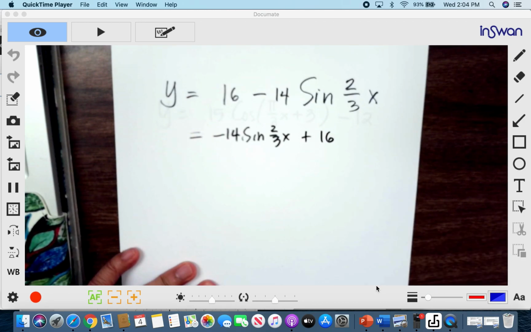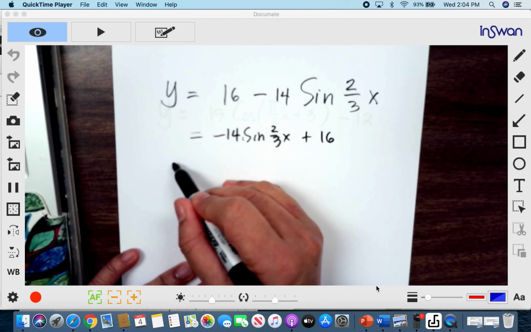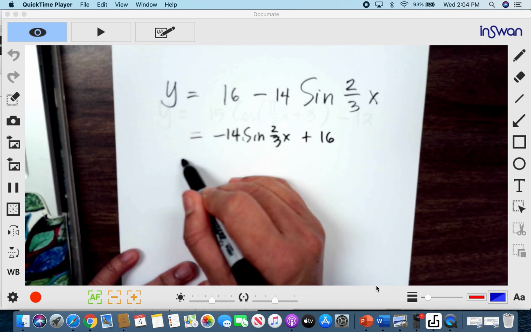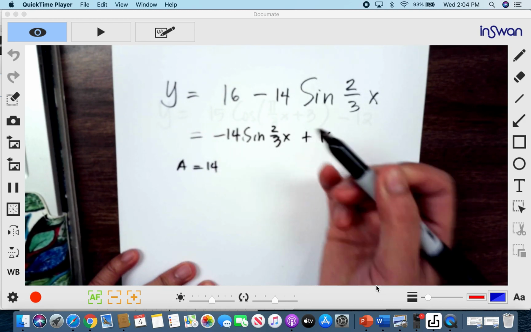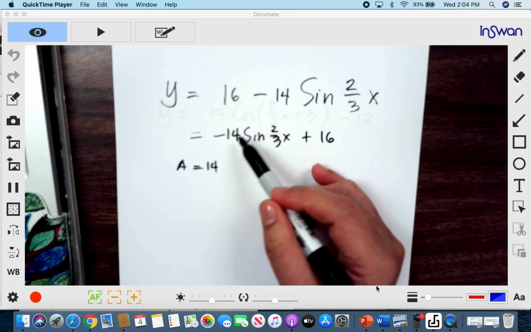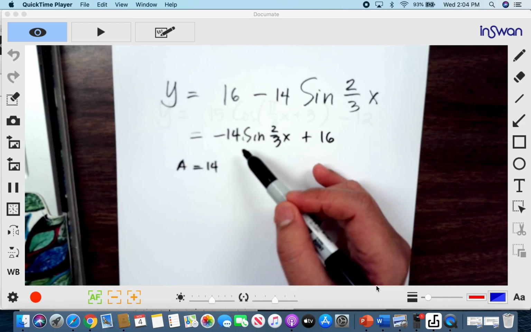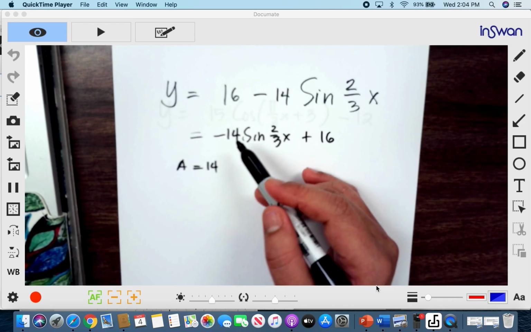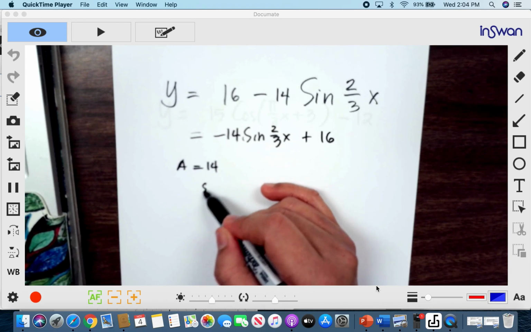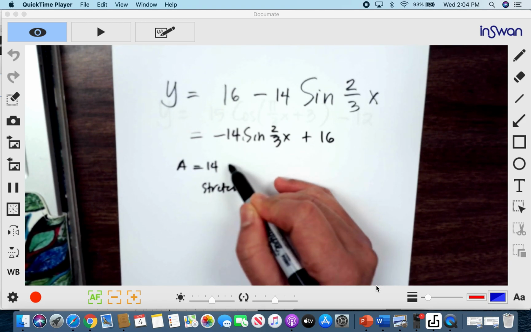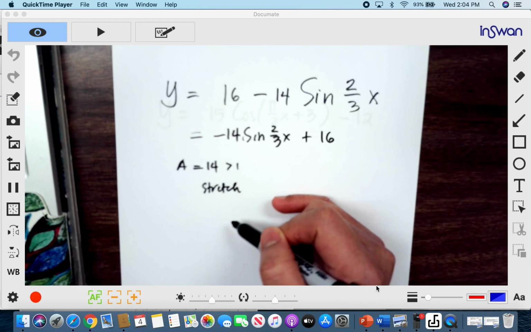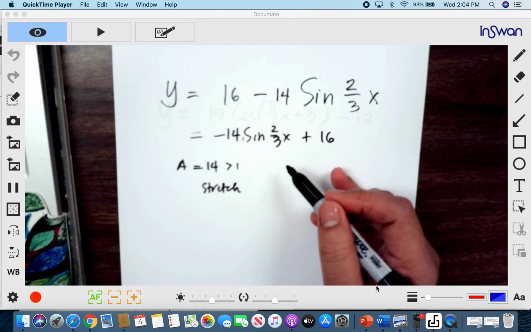So our vertical stretch is 14. You take the positive because the negative only means that our graph is reflected. And this is a vertical stretch because 14 is greater than 1.